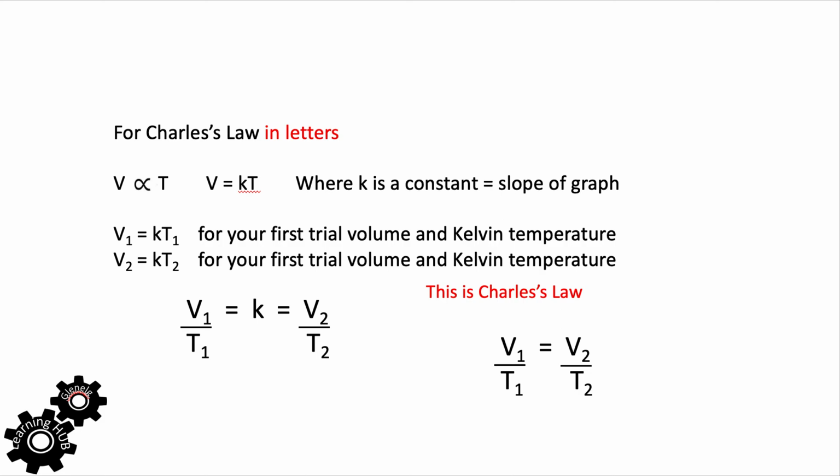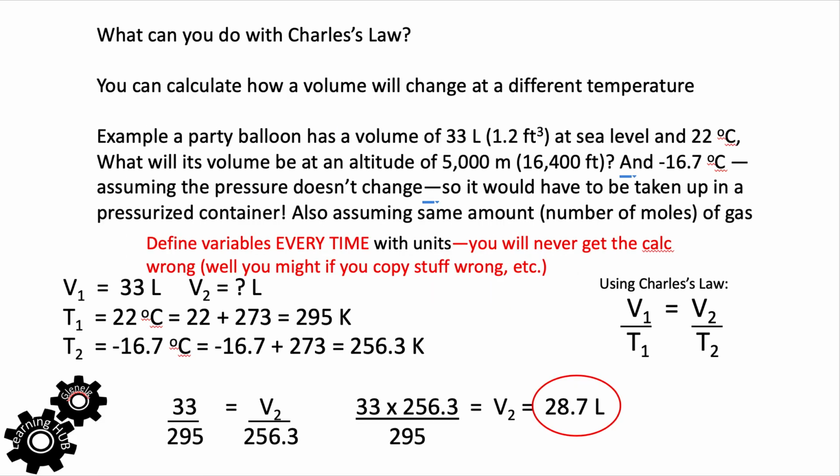So V1 over T1 equals V2 over T2. Now, that comes with some other statements. T, temperature, has to be in Kelvin, and the pressure has to be constant, and the amount of gas, the number of moles, has to be constant.